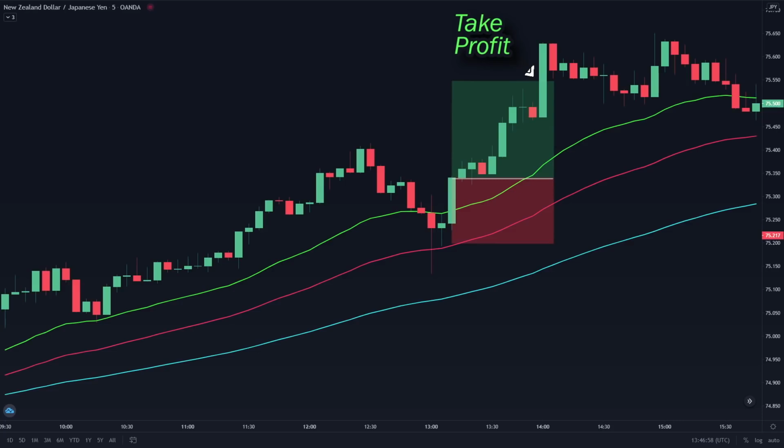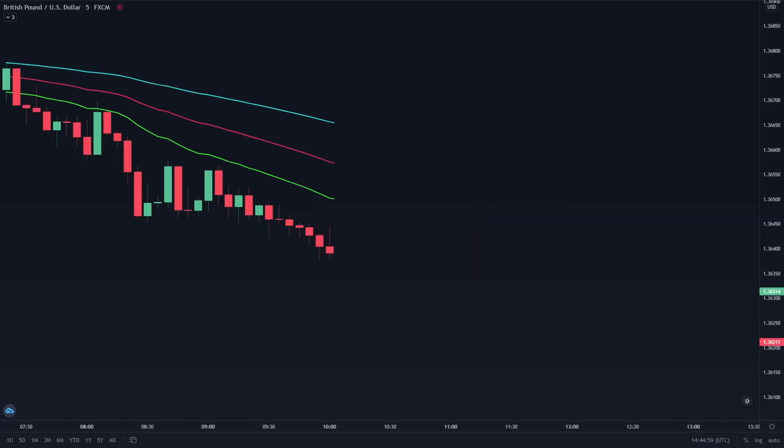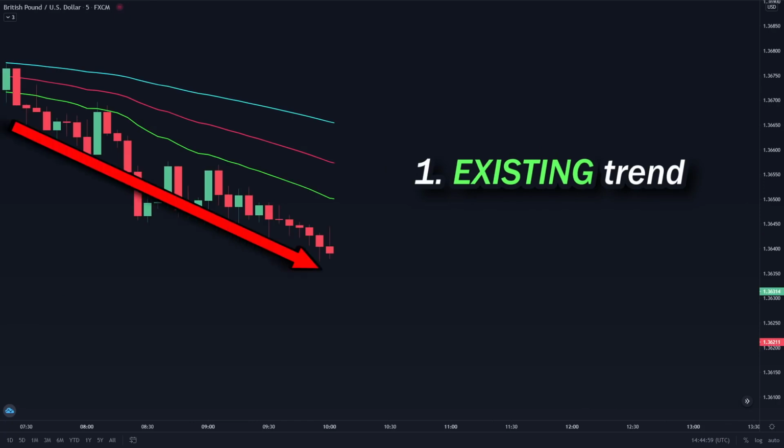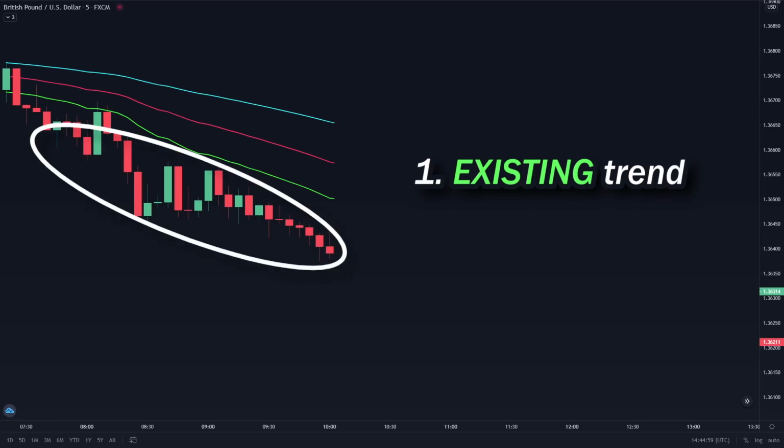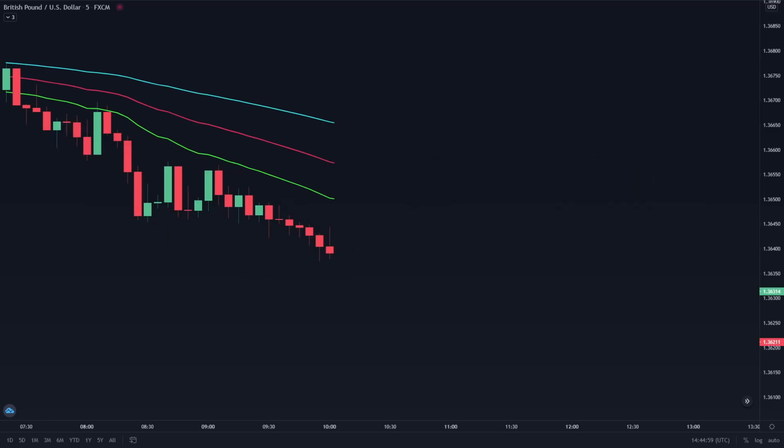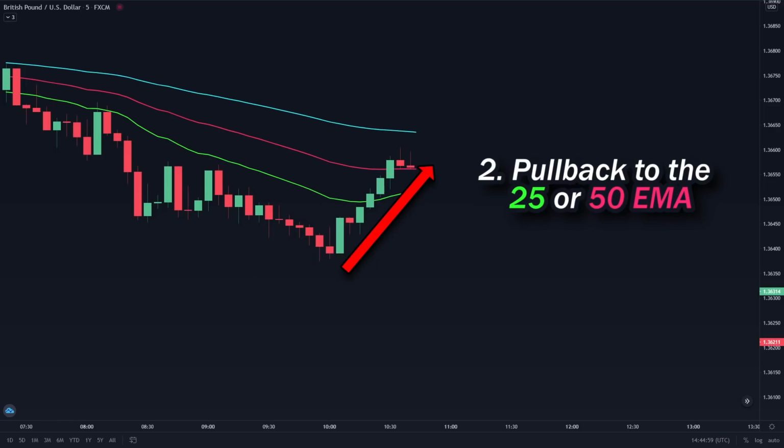Let's look at another example. In this chart, we can identify an existing downtrend, as shown by all the three EMAs heading downwards while all the candles are below the EMAs. Next, we wait for a pullback towards the 25 or 50 EMA. And remember, the pullback must not overlap the 100 EMA.